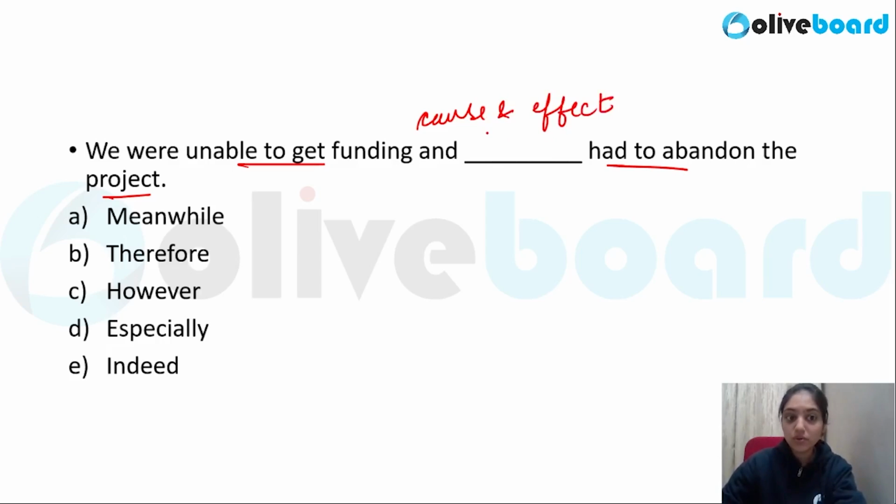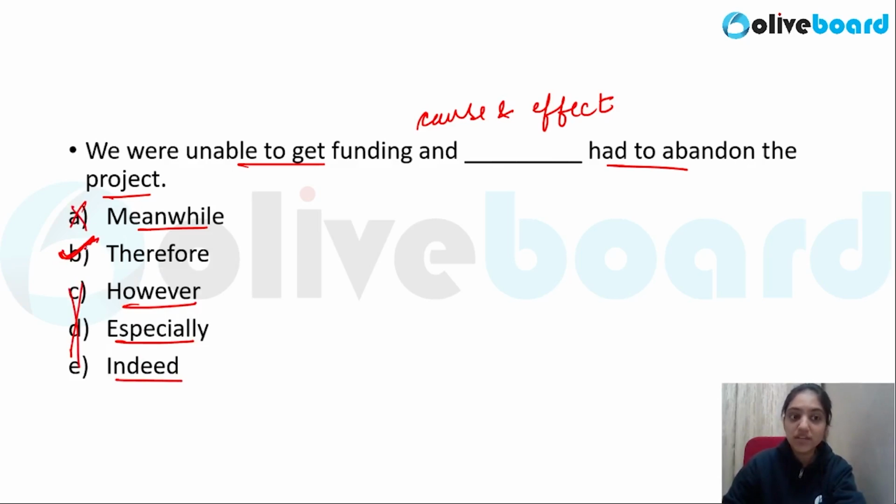Now, if you are to notice this, therefore, which presents the reason as to why they had to abandon the project, connects these two phrases correctly. Meanwhile is used to indicate time, however is used to indicate contrast, especially is used to lay emphasis on something, and indeed is also used to lay emphasis on something. So, these options are contextually incorrect.